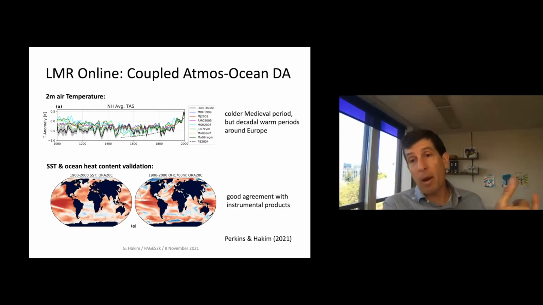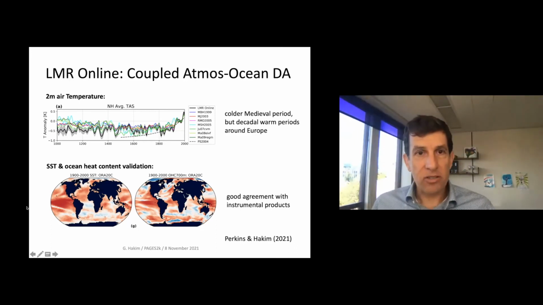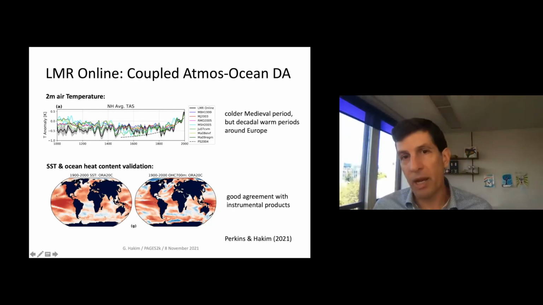Keeping the memory of the proxies in time, at the highest level, looking at the Northern Hemisphere average temperature, this black line shows us, compared to many previous reconstructions of that quantity given by the colored lines, the online LMR is colder during the medieval period than in all previous reconstructions, including the offline versions of the LMR.